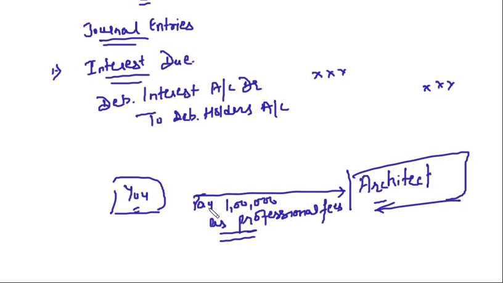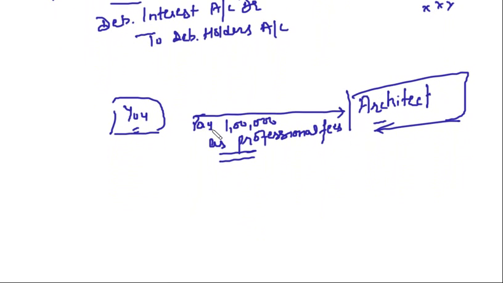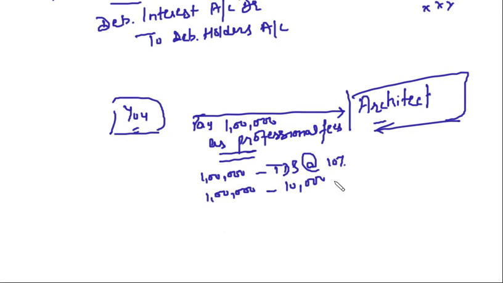Now what you will do, you will not pay him 1 lakh rupees. Out of 1 lakh rupees, you will deduct a TDS at the rate of 10% as per Income Tax Act. That means you will deduct 10,000 and you will pay the architect only 90,000. This 10,000 you will deposit with the government.